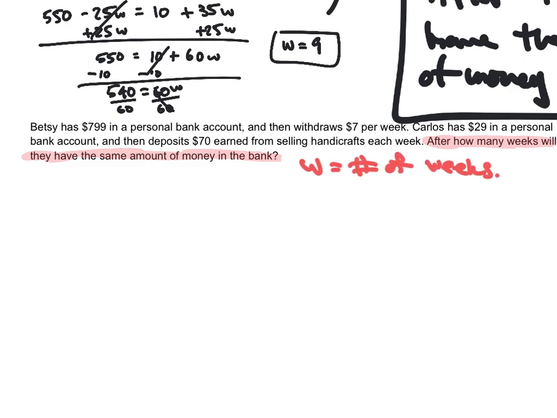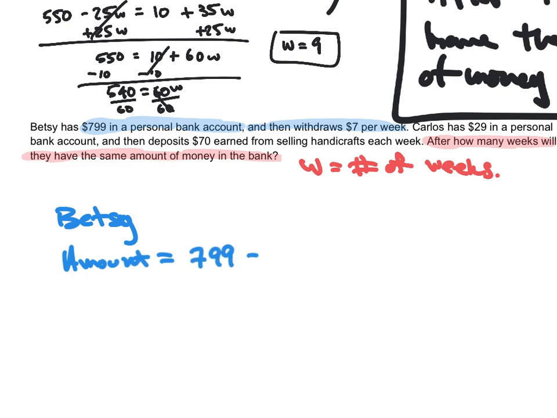Okay? So we've got the scenario for Betsy. Betsy has $799 in a personal bank account and then withdraws $7 per week. So Betsy's amount is equal to $799 minus 7W.